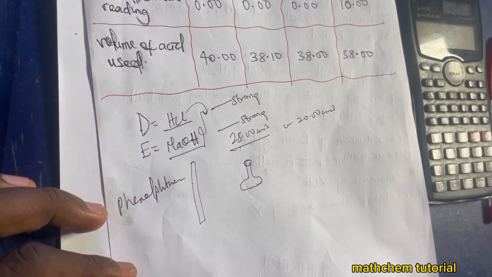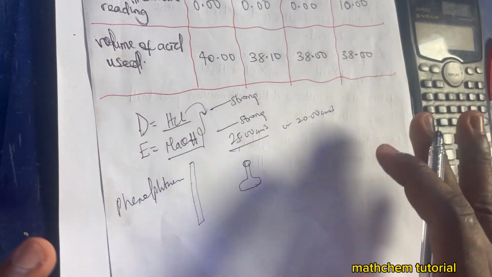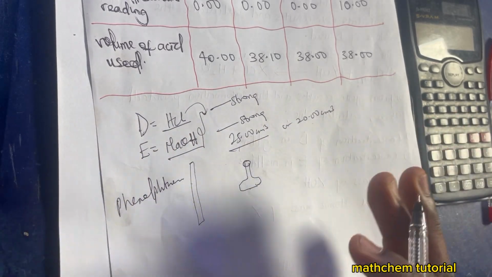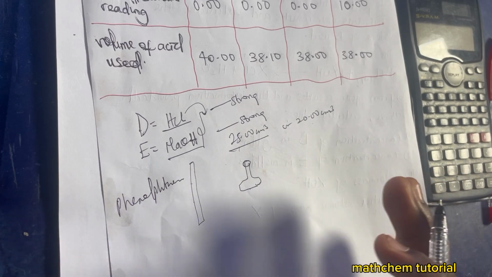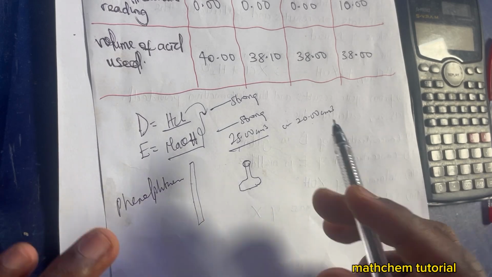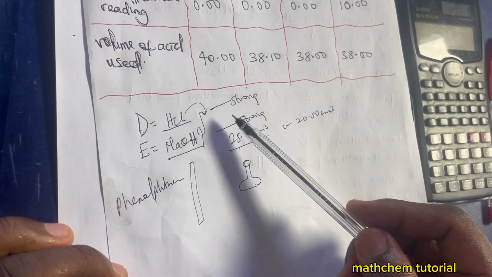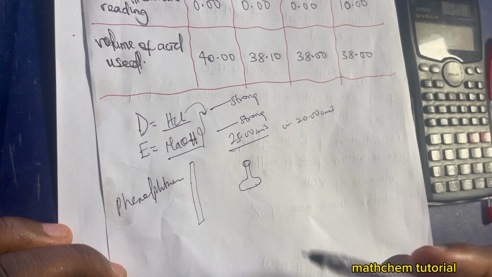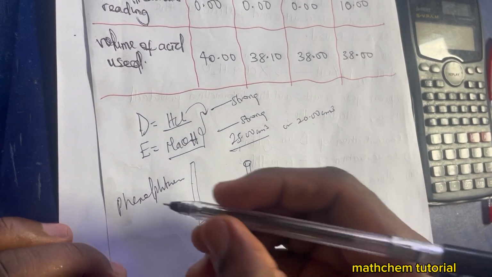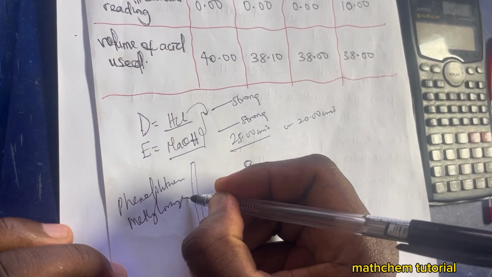From the principle of chemistry, by the time you titrate strong acid and strong base, you can use any suitable indicator. So all indicators work for strong acid and strong base. So basically you can use methyl orange or phenolphthalein. Any of the indicators you can use.